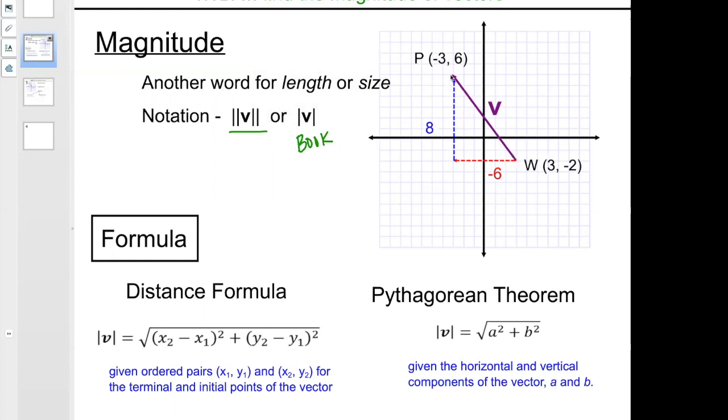To find the length of this purple vector, you can either use distance formula with the ordered pairs, or if you have the components, you can use Pythagorean theorem. I'm partial to Pythagorean theorem, especially if it's already graphed, because it's pretty simple and you make fewer mistakes than with the subtraction in the distance formula. Often people will make a mistake, but either one is totally fine.